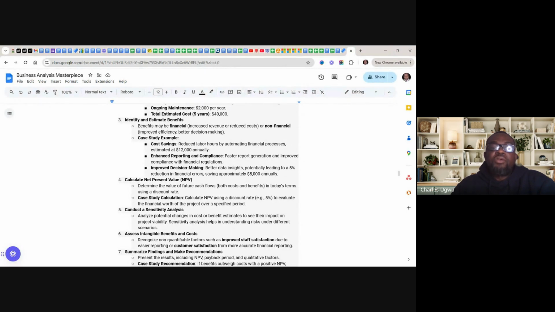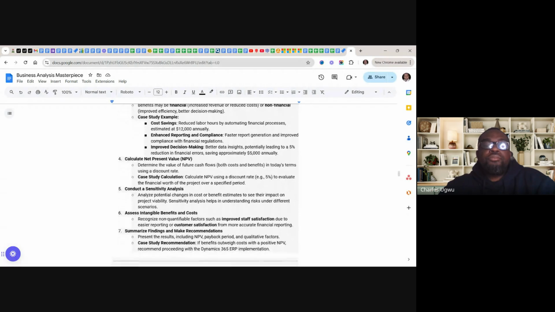In terms of improved decision making, we can see it leading to a 5% reduction in financial errors and saving approximately. So you see here, it's very difficult to say exactly. You are driving benefits, but to calculate the monetary benefit at times might be difficult. Some you do expected or estimated value.